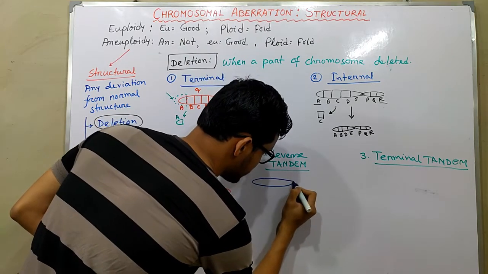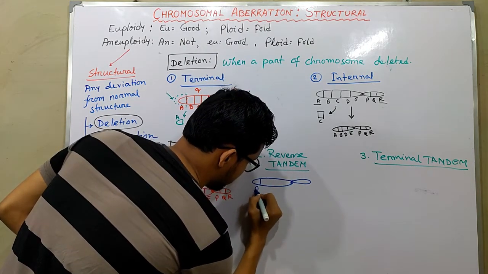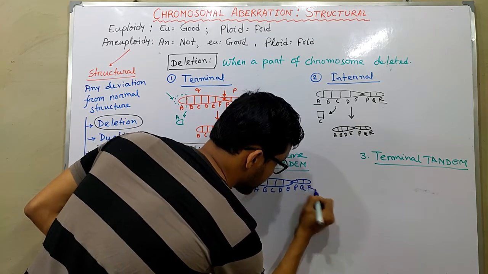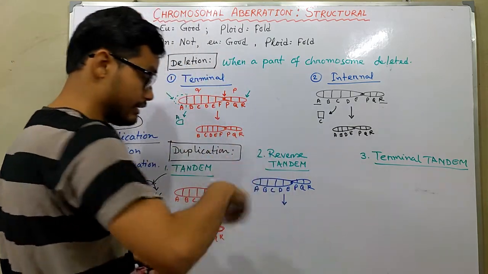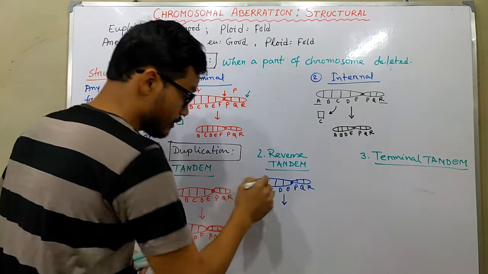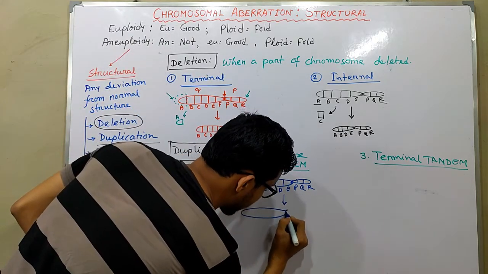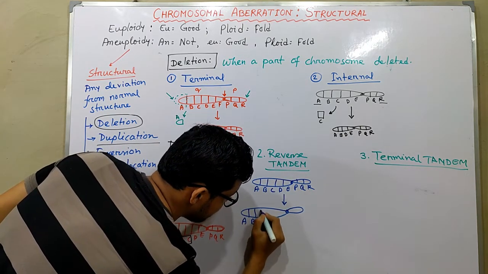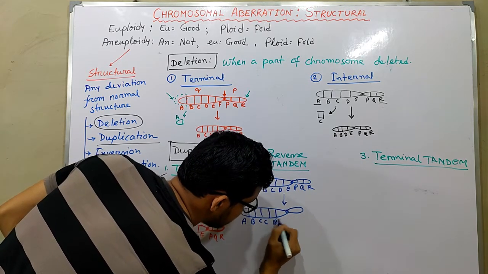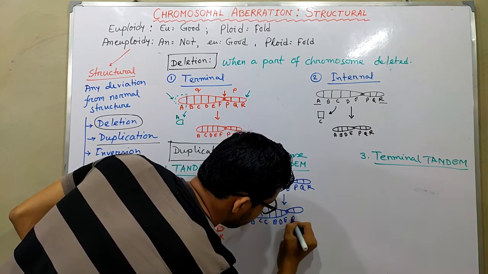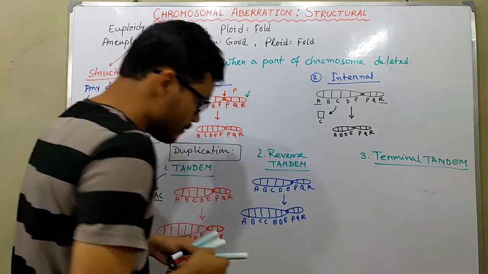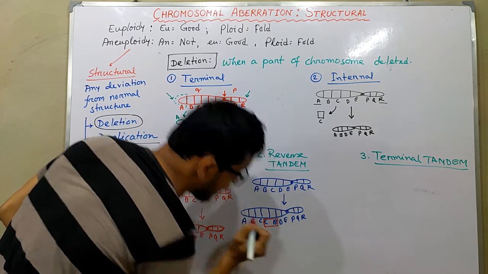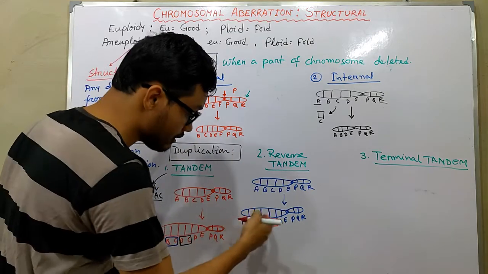If we draw a diagram of the chromosome, A, B, C, D, E, P, Q, R, the BC portion has been duplicated and attached reversely next to the original segment. So it looks like B, C, C, B, D, E, P, Q, R.